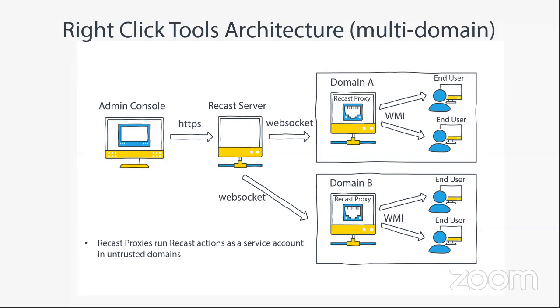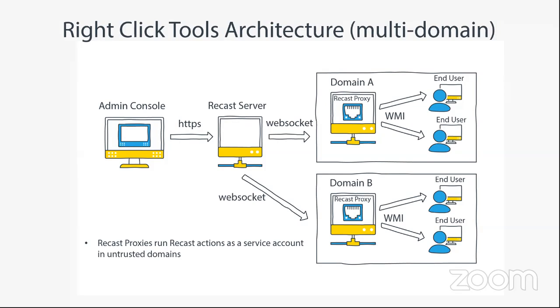We have to set up a couple of things for this to work. It doesn't work out of the box, but you install the Recast Proxy, you configure a route to send actions down to that proxy, and typically your route will have some sort of scope assigned, and the scope is what determines where things get routed. You might say send it to proxy B for all devices that are in untrusted domain B inside of this particular OU, or you might say, well, anything inside of domain B, go ahead and send it to this proxy.